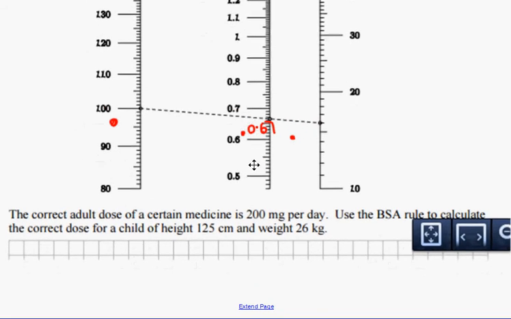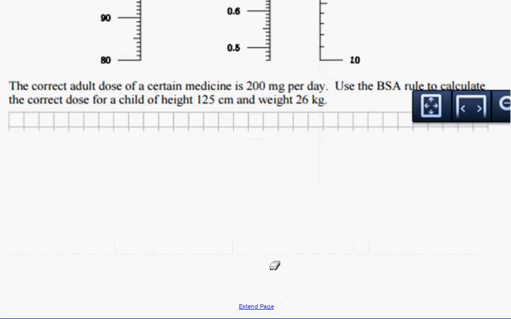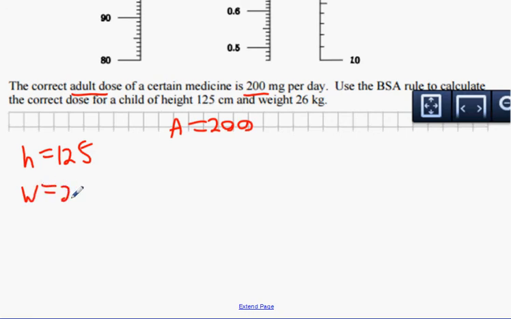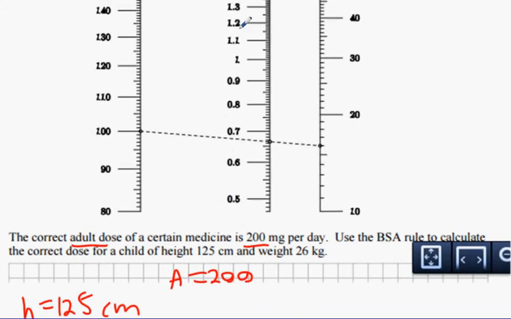Now, what's asked me next to do is find the correct dose for a certain medicine. So the adult dose, the A value, is 200. How do I know that? Adult dose 200. Use the BSA rule to calculate the correct dose for a child. The child's height is 125 and its weight is 26 kilograms. So what I'm going to do here is I'm going to go up to 125.